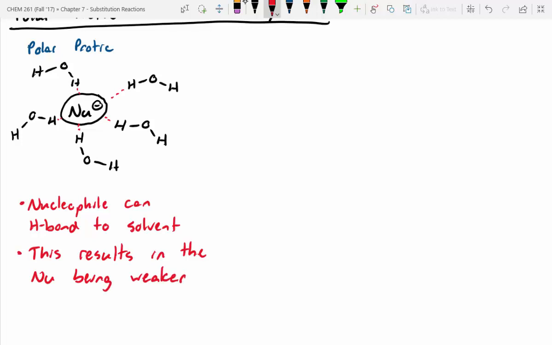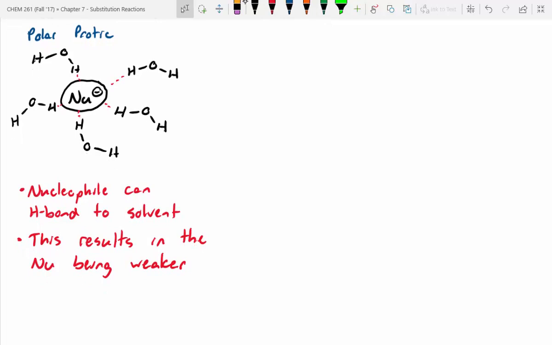So if this is the case, would we want to use a polar protic solvent in an Sn2 reaction or an Sn1 reaction? What do you guys think? Which reaction does the nucleophile matter more in? Sn2, the nucleophile matters more. So in this case, would we want to use a polar protic solvent for an Sn2 reaction? No, in fact, it's the opposite. It's not good for Sn2, where nucleophile strength matters.